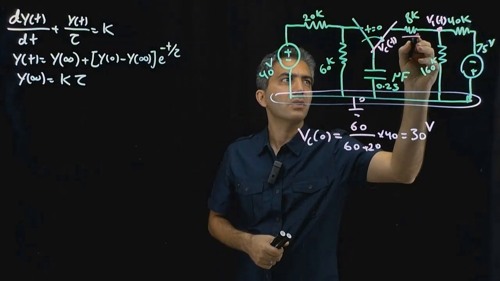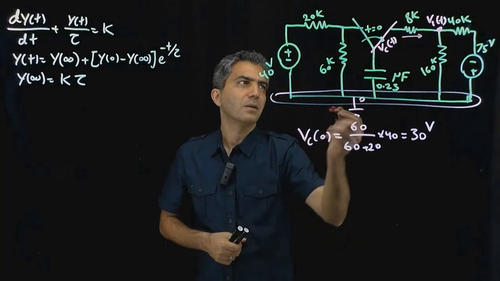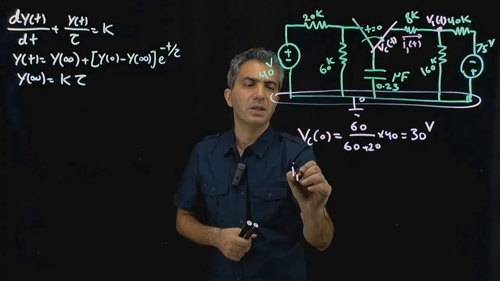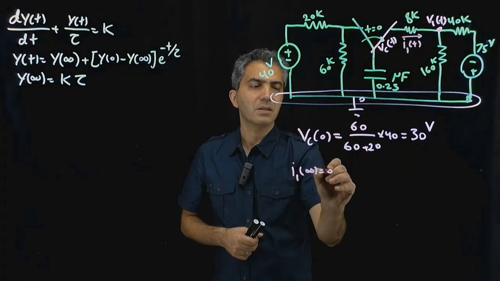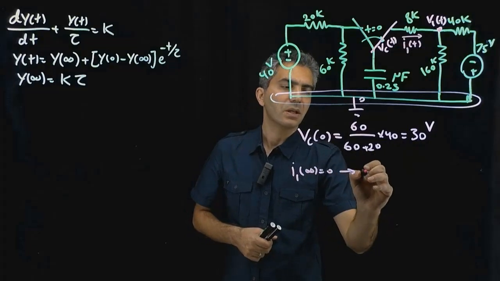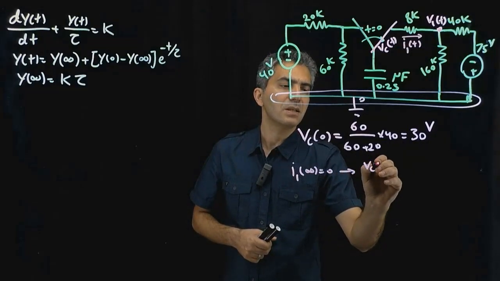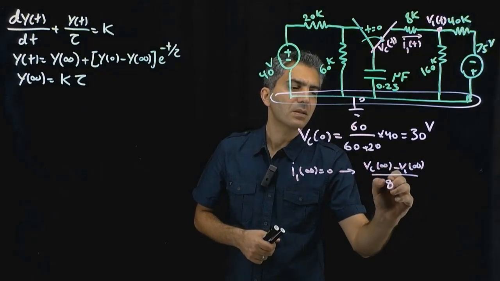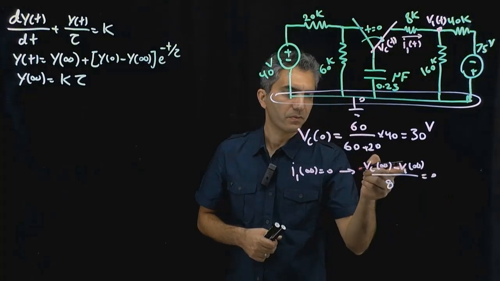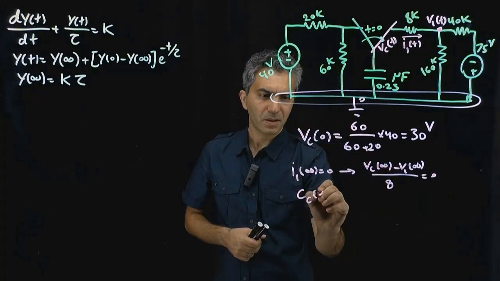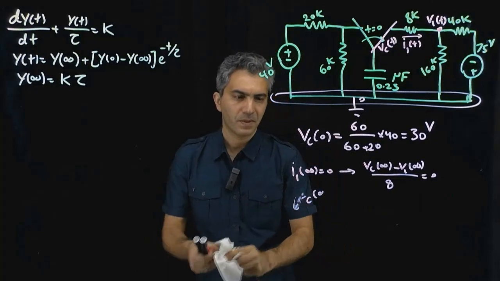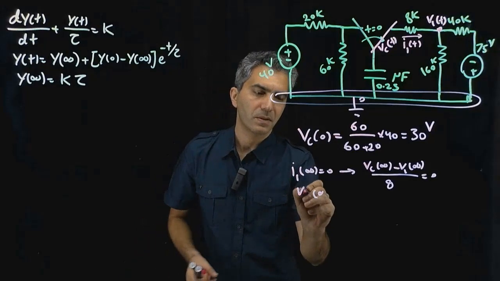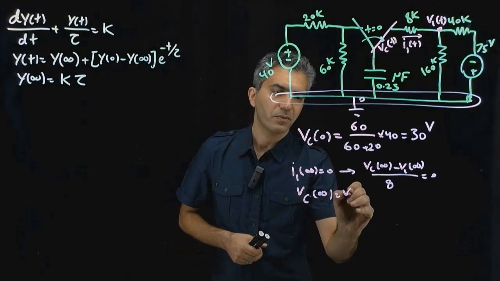If you write an equation for this current right there, I'm going to call that I1(t), by the way, I1(infinity) is 0. So what is I1(infinity)? It's VC(infinity) minus V1(infinity) divided by 8K, and that's 0. So from this, you can see that VC(infinity) is actually equal to V1(infinity).